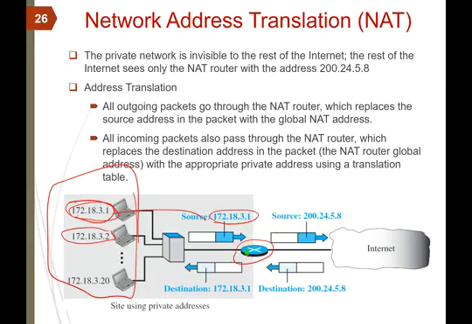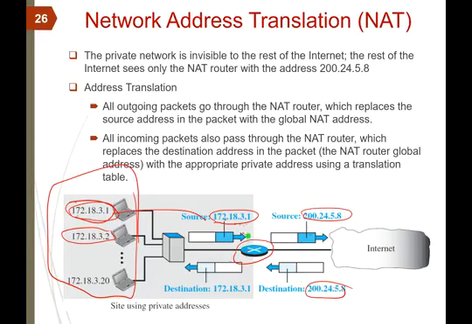When it goes to the router, the router will not use this as the source. It will use this public IP as the source address, because if you use this, it will not be routed. It will send the request on behalf of this device to the internet. Then when you get the reply, the destination will be this, not this.